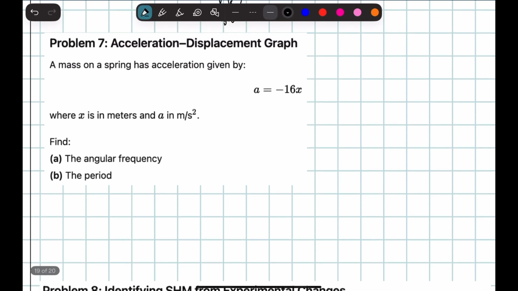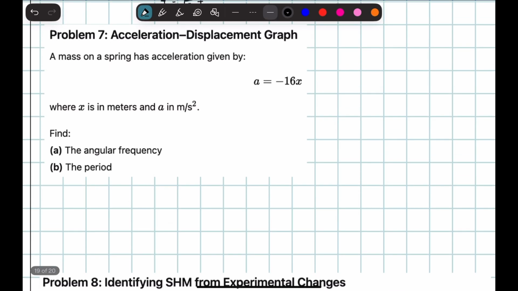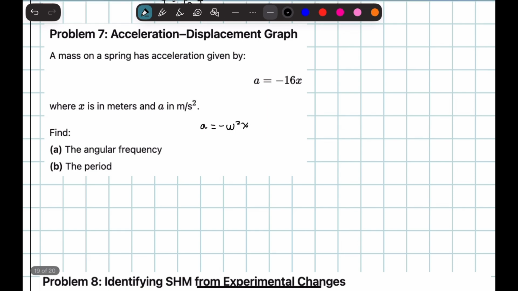A mass on a spring has an acceleration given by a is equal to negative 16x, where x is in meters and a is in meters per second squared. Find the angular frequency. In simple harmonic motion form, a is equal to negative omega squared times x.